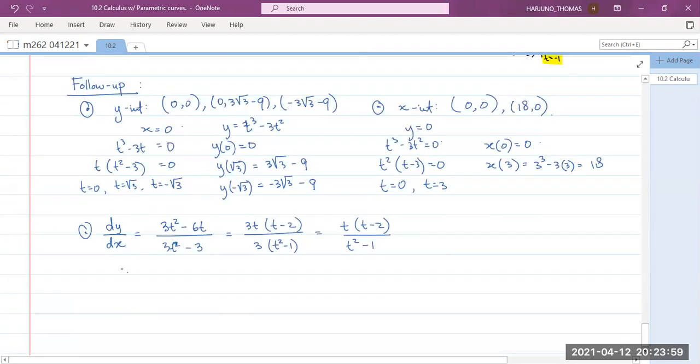So the derivative of dy/dx with respect to x is the derivative of dy/dx with respect to t, over dx/dt.